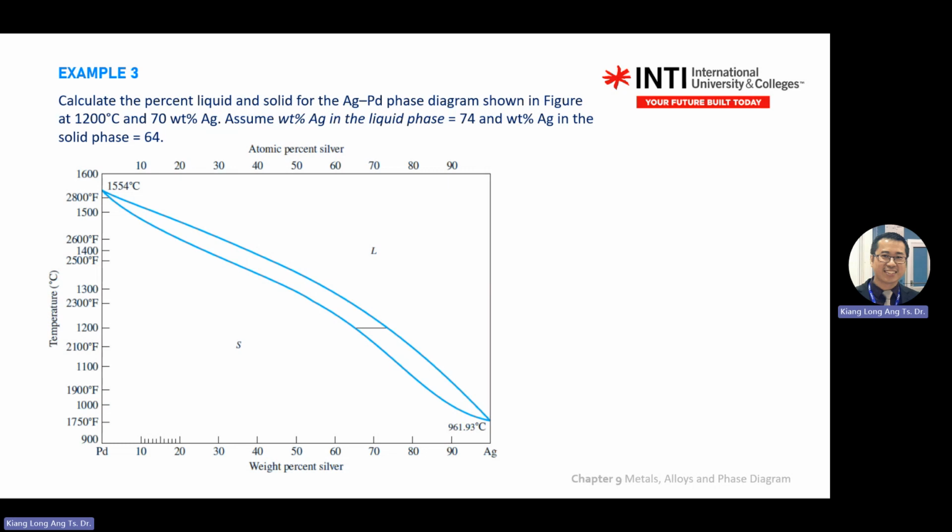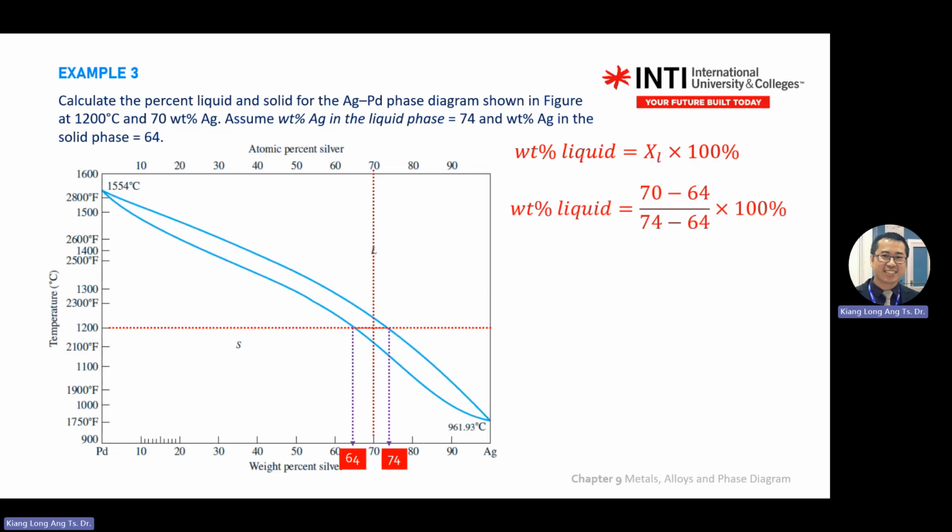Then use the same principle. Find what is missing. He asks you the percentage of liquid and solid at this temperature. So same, find the LOS. I will just enlarge the graph. So you'll get 74% and 64%.